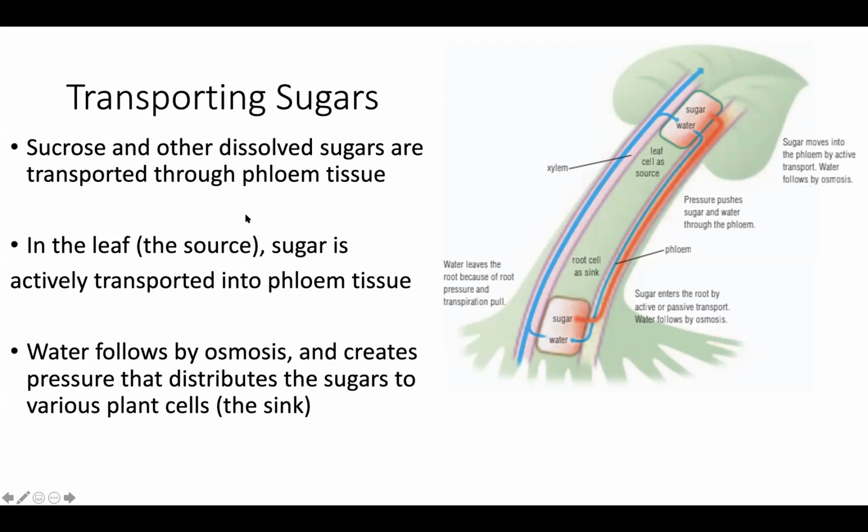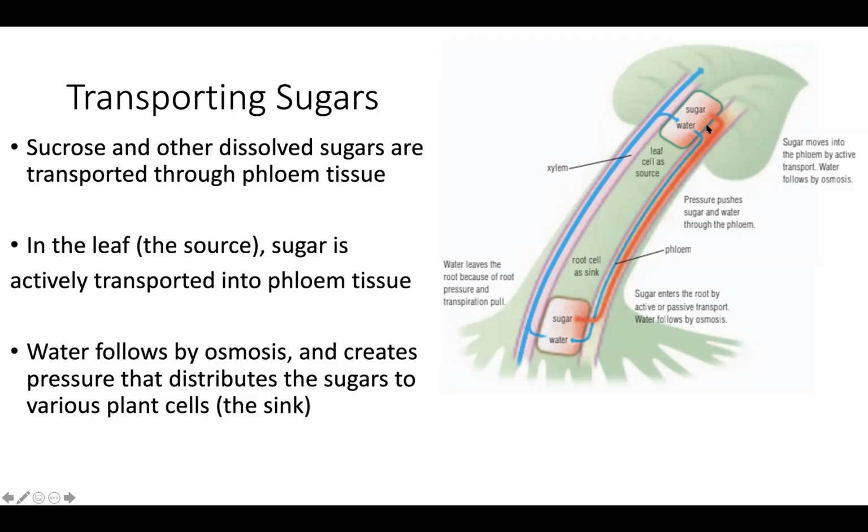The leaf is going to be the source of sucrose because it is making the majority of the sucrose in the plant. Once it is created, we have a high concentration of sugar up here, so we need to get that into the phloem.